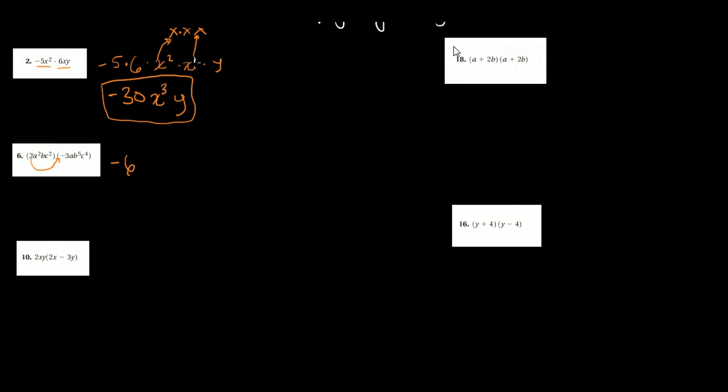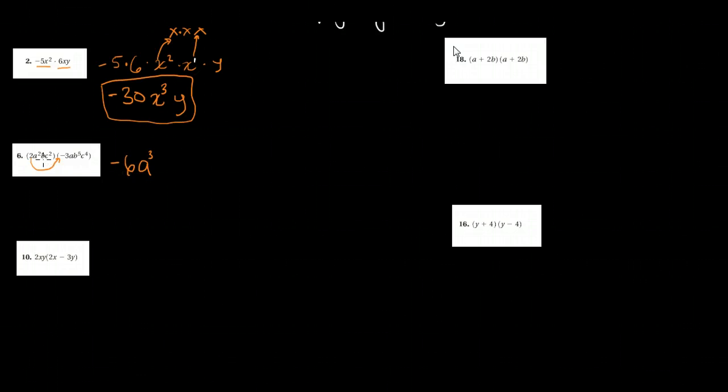Because remember, we assume there's a 1 there, because x to the 0 power would be 1, and that's not what we have. But if you notice, my result was x cubed, and the 3, the third power on x, is simply 2 plus 1. So we can also look at this a squared times a as a squared times a to the first power, and that'll give us a to the third power.